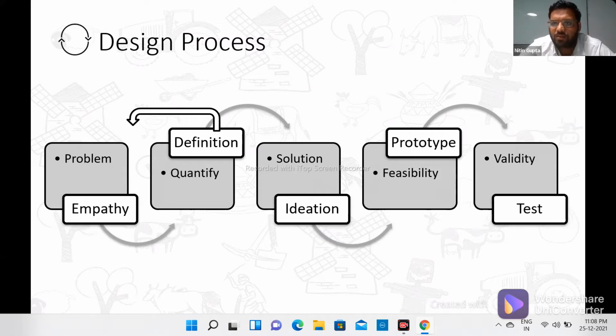It is a very simple design process, but if we follow it religiously, it can give you wonderful results. I'll talk a little bit of theory, and then I'll get into a real-life problem. I'll give you an example also.